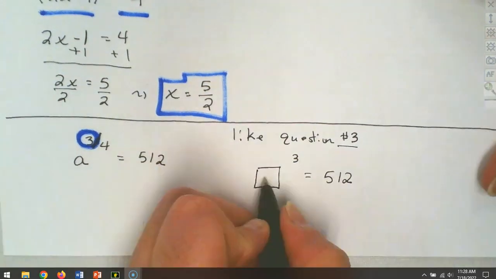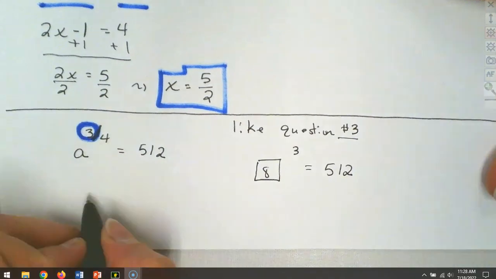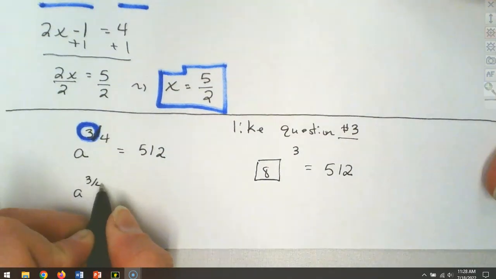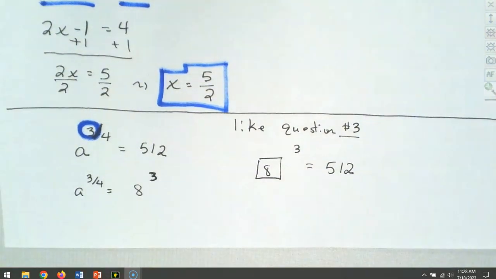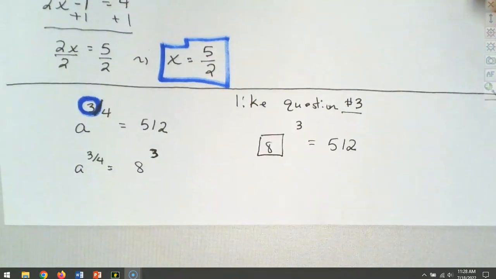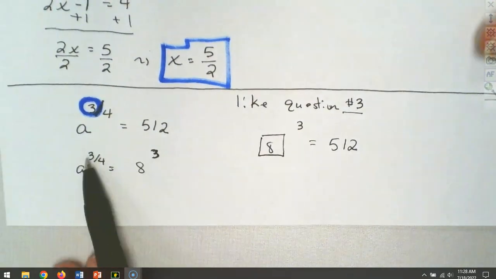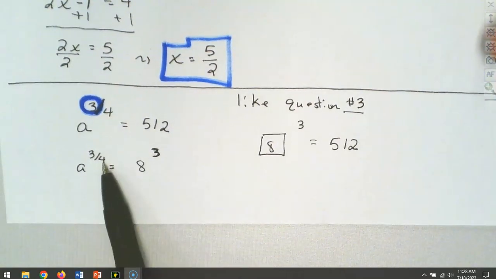So that means 8 to the 3rd power is 5 cubed. So we have that. Now, since the numerators are the same, we need to figure out how to handle that 4 down below.